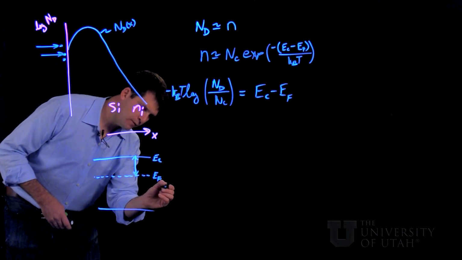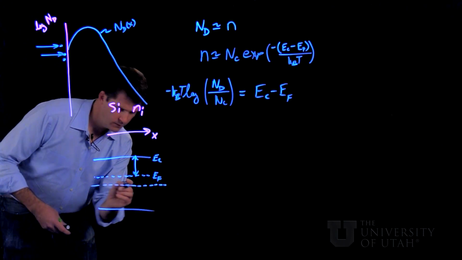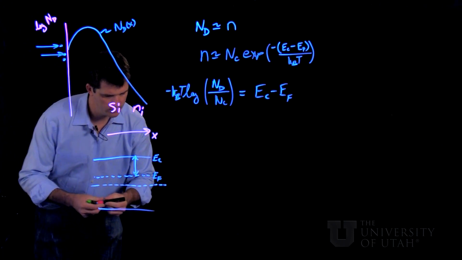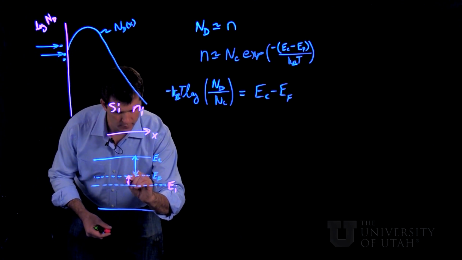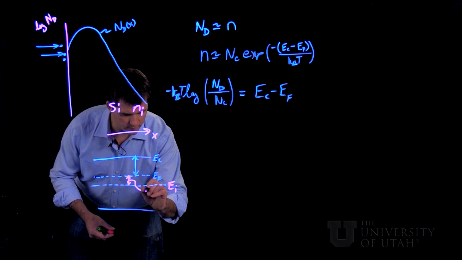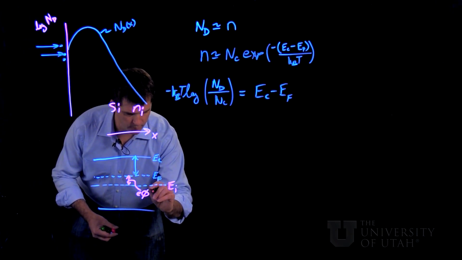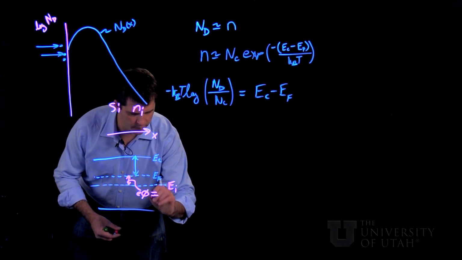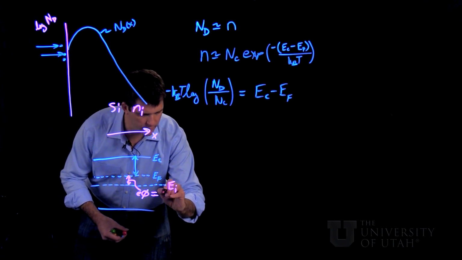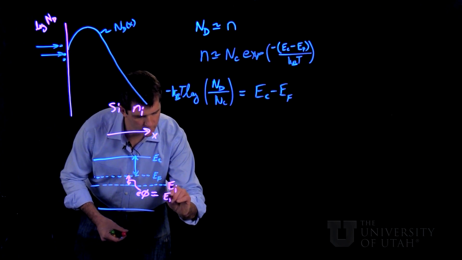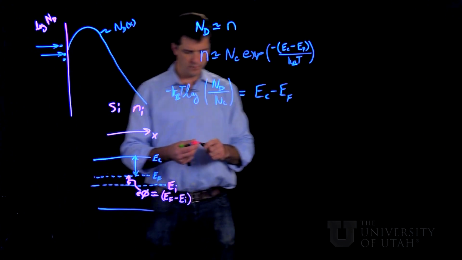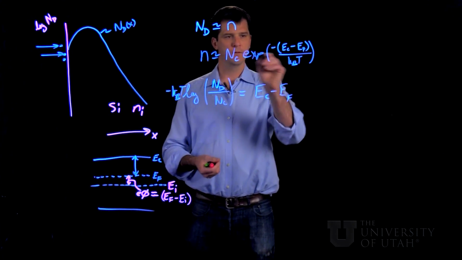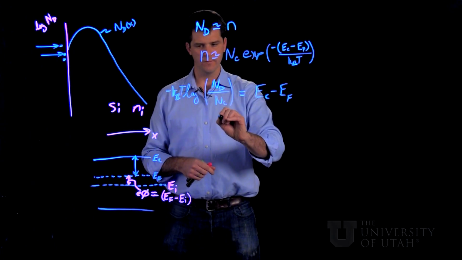Now, we can also measure the energy distance between EF and the intrinsic Fermi energy. And this energy distance we can define as E times the electric potential phi here. So we can also express this equation in a slightly different way.